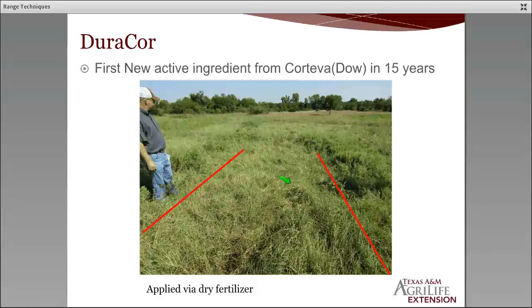The next product that I was going to talk about was Duracor. This is a new active ingredient from Corteva, which is the old Dow AgroSciences company. This right here was applied via dry fertilizer. Looks really good.